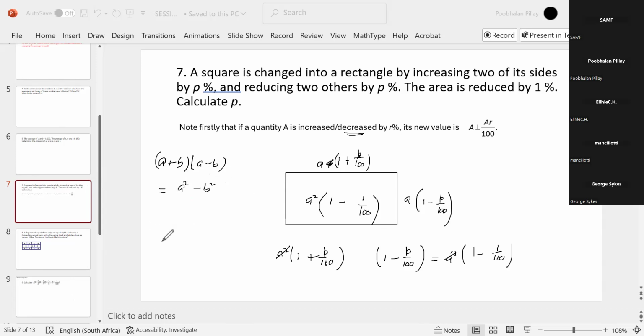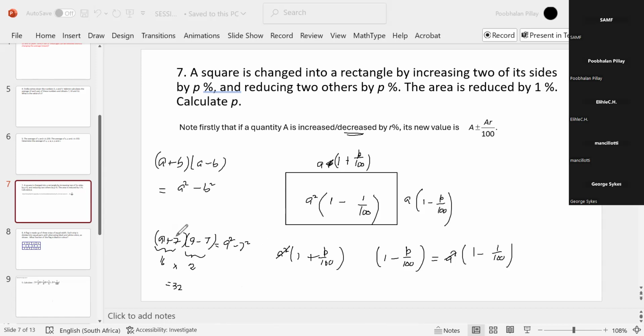For instance, I can take 9 plus 7 times 9 minus 7. On the one hand, 9 plus 7 is 16. 9 minus 7 is 2. 16 times 2 is 32. Right? But I'm telling you that this is 9 squared minus 7 squared.